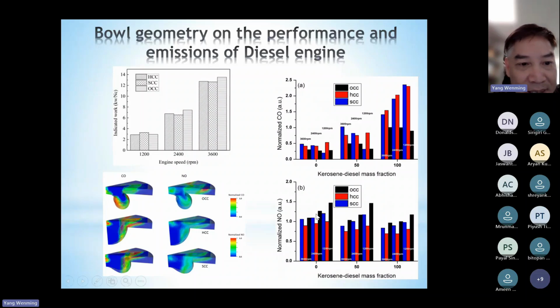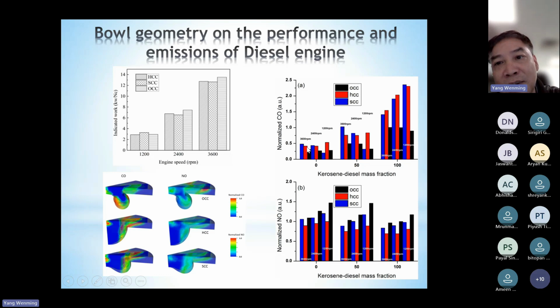Okay, so the next one is the CO emissions and the NO emissions. Basically, we can see the CO emissions: SCC produces the highest CO emissions, followed by HCC, and OCC produces the smallest one, correct?